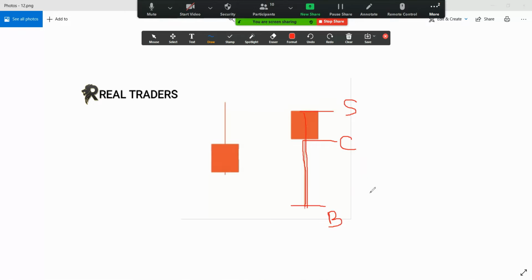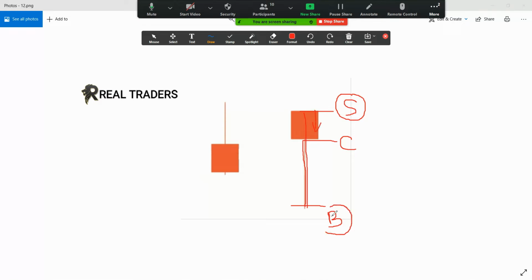You can see the sellers enter from this level, they come down here, they reach this level, and the buyers reject from this level. This candle again goes up, and it closes here. So this is the sellers' entry point, the sellers enter from this level.